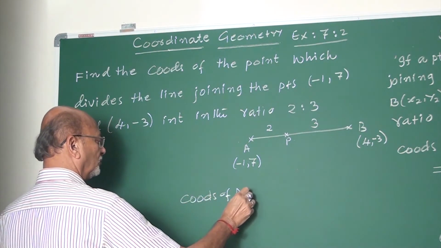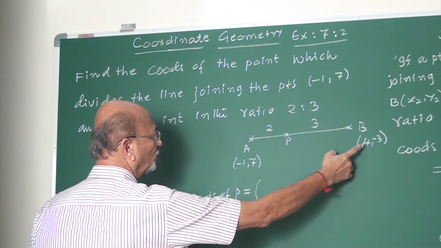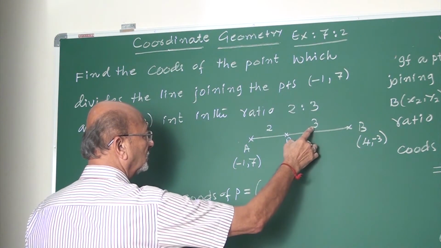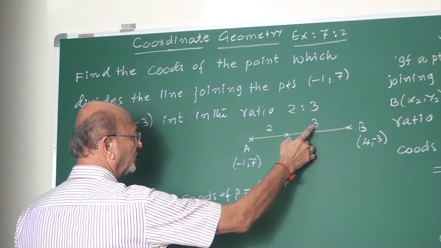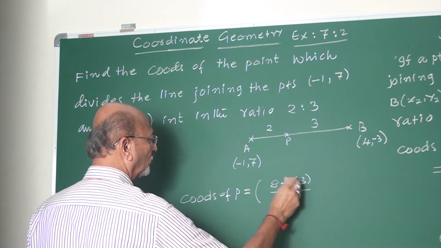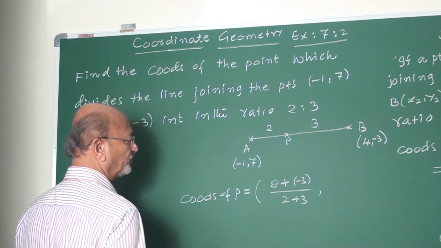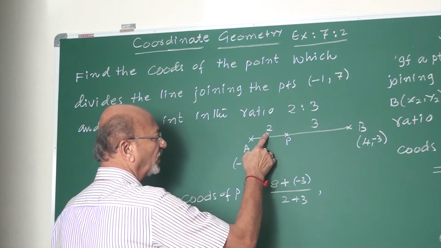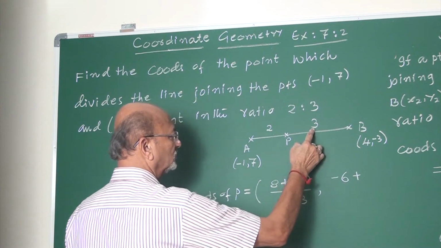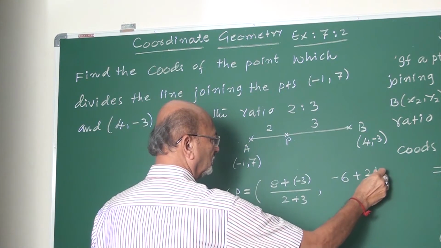Coordinates of P. Yes. mx2, 2 into 4, 8, plus nx1, 3 into minus 1, denominator for internal is 2 plus 3, comma. Then my2, 2 into minus 3, plus 3 into 7, plus 21.